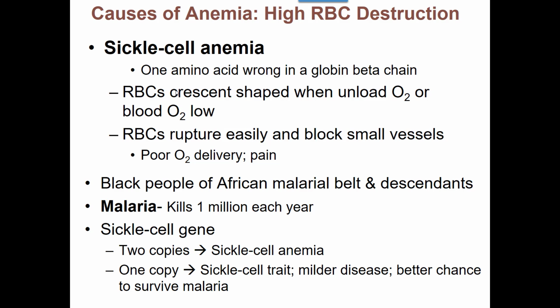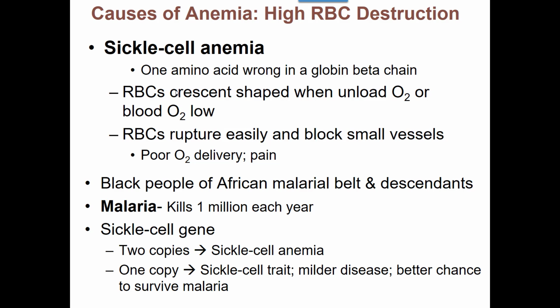And because that one amino acid is wrong in the sequence of amino acids, the hemoglobin doesn't allow the red blood cell to maintain its normal shape. And so the red blood cells become crescent shaped, like half moon or like crescent moon shaped, when they drop off oxygen or if your blood oxygen level is low.